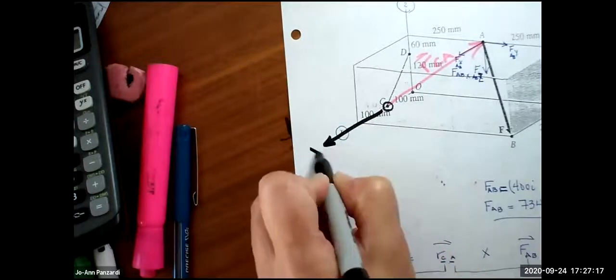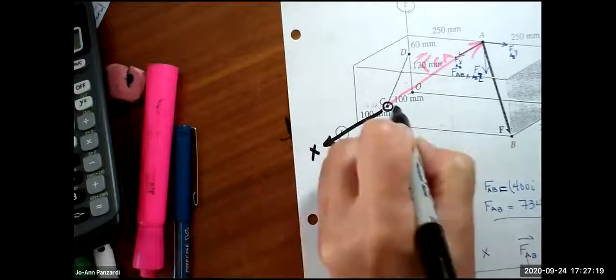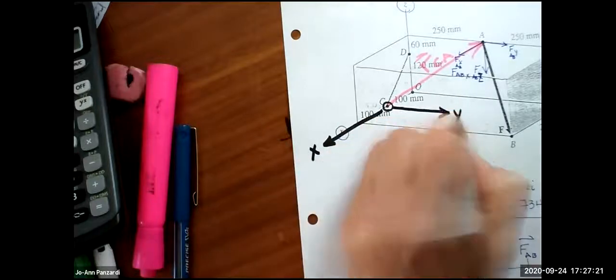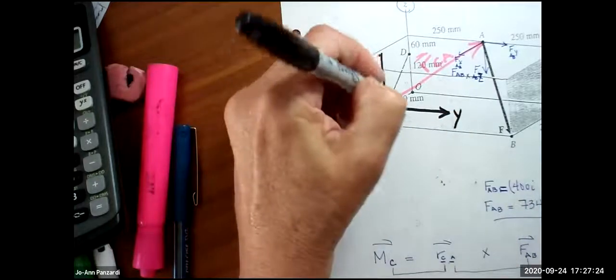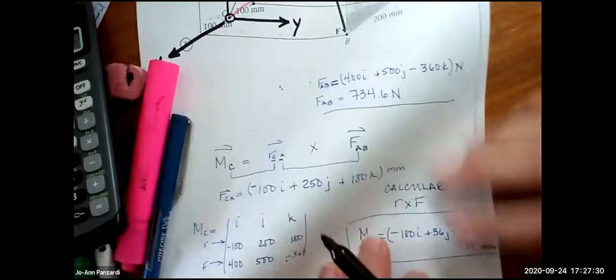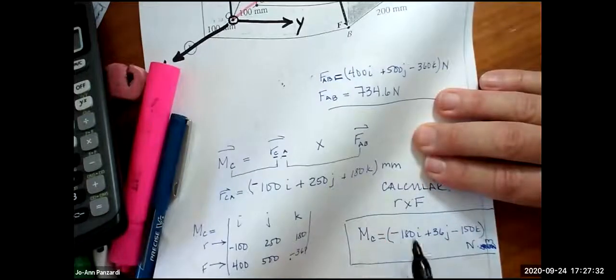This is the X axis through C. This is the Y axis through C. This is the Z axis through C. I calculated the moment about point C around the X, Y, and Z axis through C. Is everybody comfortable with that?